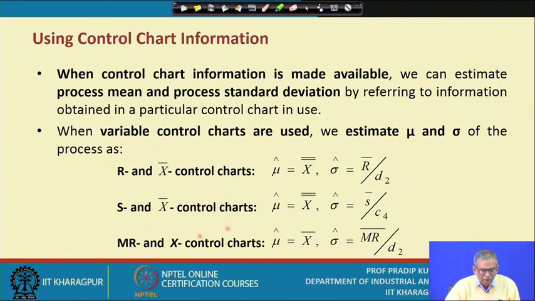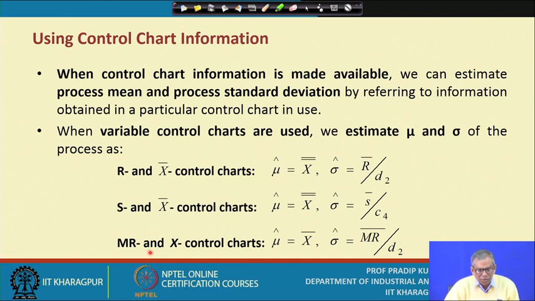Is it okay? Similarly, instead of the R control chart, suppose you use the S control chart. The estimate of process mean is X double bar, and the estimate of the process standard deviation is S bar by C4. Again, C4 is a function of n.